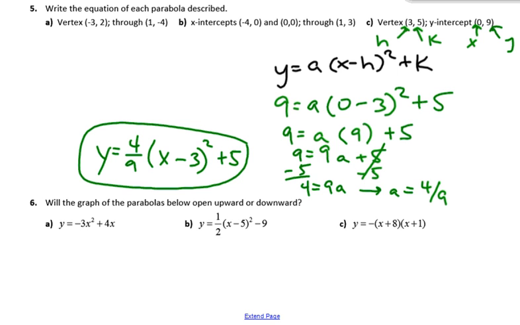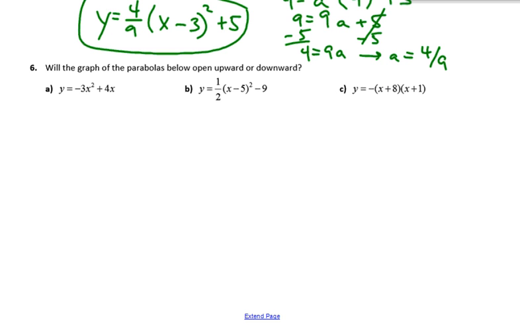Okay, now I'm also going to include on this video number 6 because it's very, very easy. Number 6 is just asking if the graph of the parabolas below open up or open down. All this has to do with is the very first value of A. If A is positive, I'm going to write this down at the bottom.